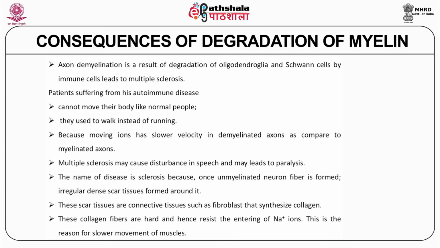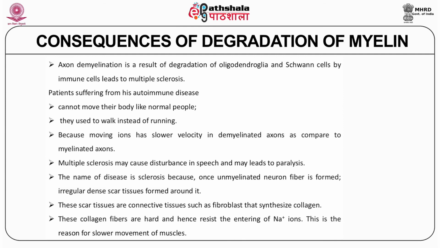Patients suffering from this disease, which is basically an autoimmune disease, cannot move their bodies like normal people. They walk instead of running because ions move with slower velocity in demyelinated axons as compared to myelinated axons. Multiple sclerosis may cause disturbances in speech and sometimes leads to paralysis.